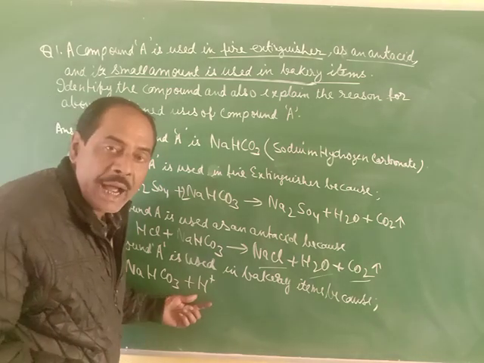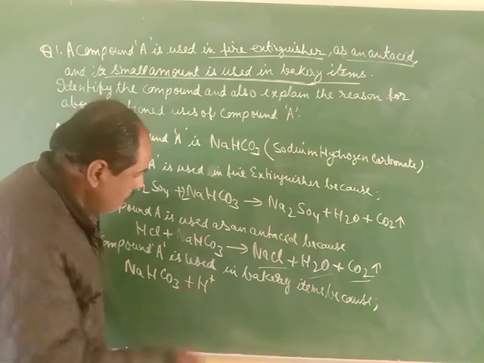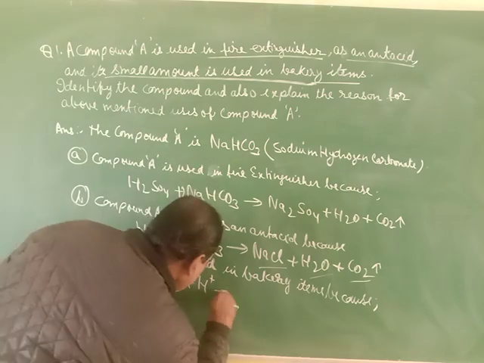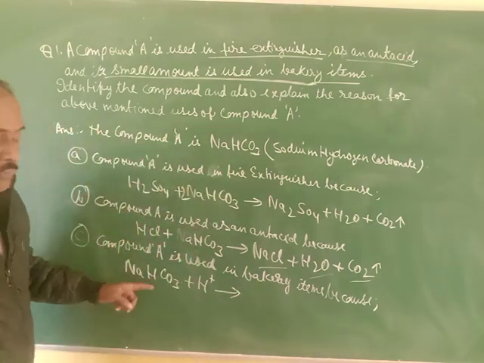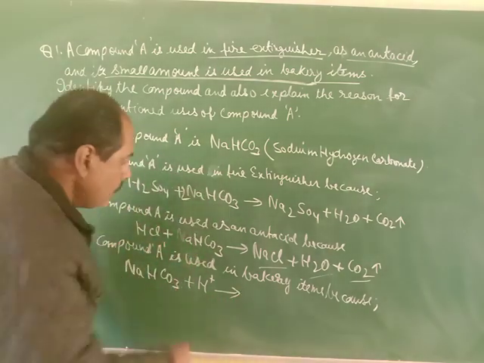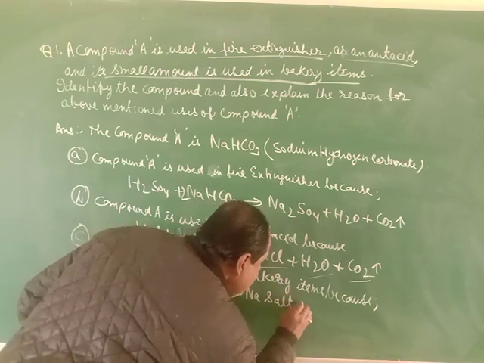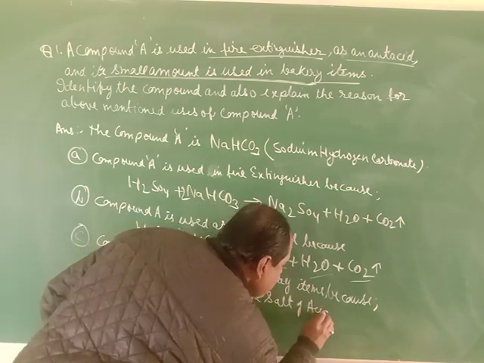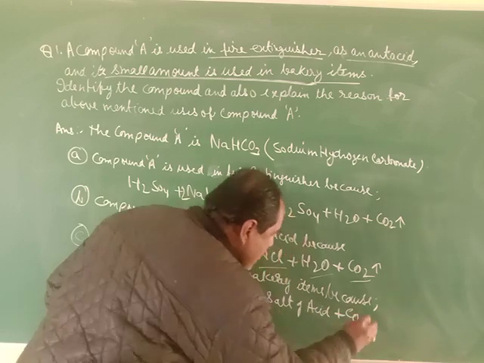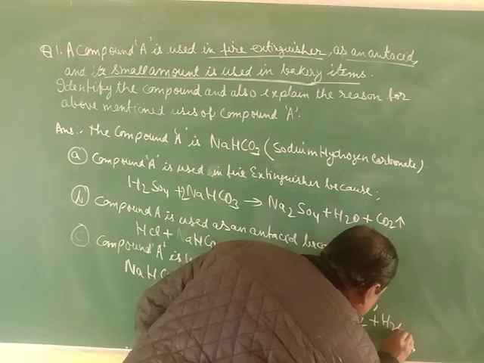The acid I am adding is tartaric acid. For that I am giving H plus ion. It is going to form the salt. What salt? Sodium salt of acid plus carbon dioxide plus water.